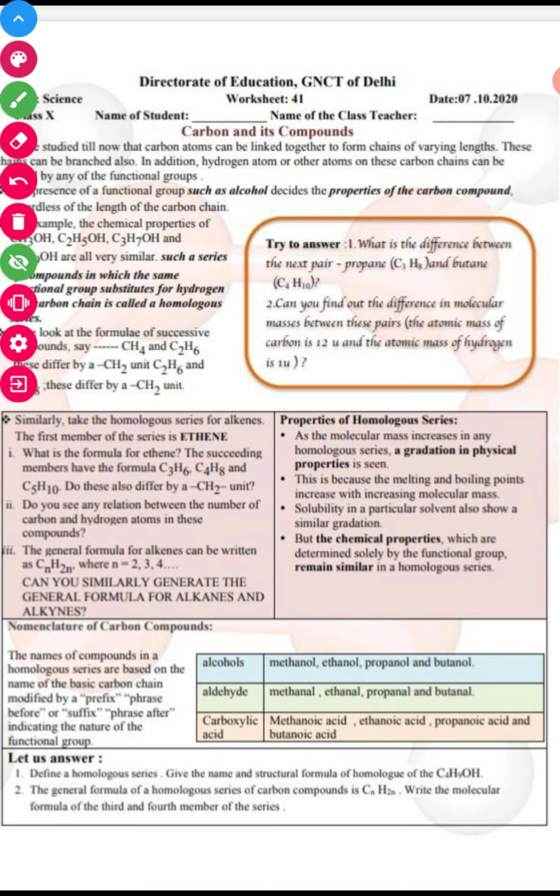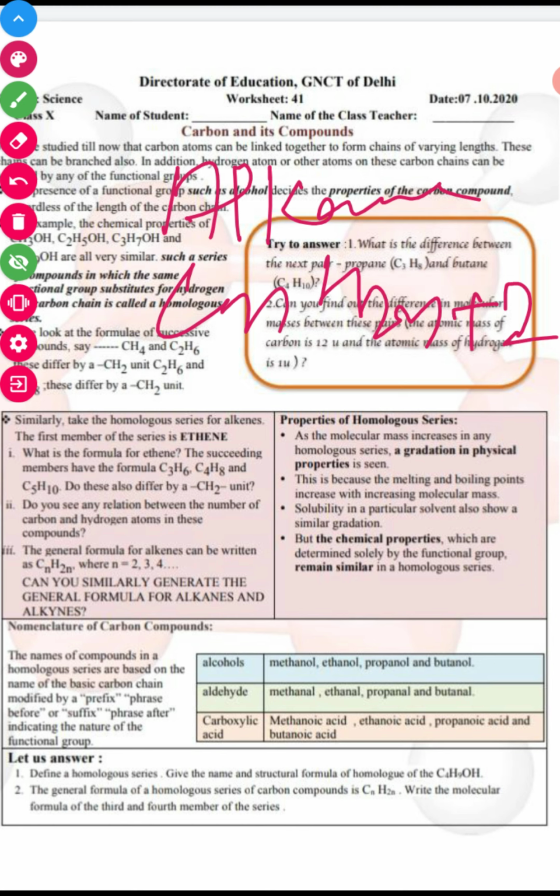Do you see any relation between the number of carbon and hydrogen in these compounds? In all these compounds, the carbon number increases by 1 and hydrogen increases by 2. The general formula of alkenes can be written as CnH2n, where n is the number of carbon atoms. The general formula of alkane, as I told you, is CnH2n+2.